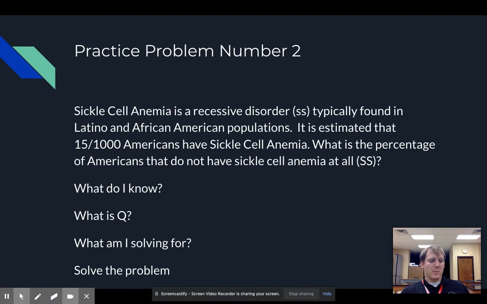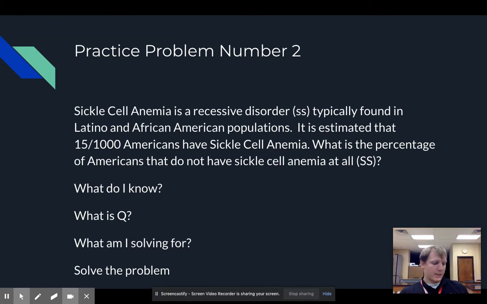Remember that one equation we had where p plus q equals 1? If I know q, I can easily solve for p. So p is going to be equal to 1 minus 0.12. So p equals 0.88.